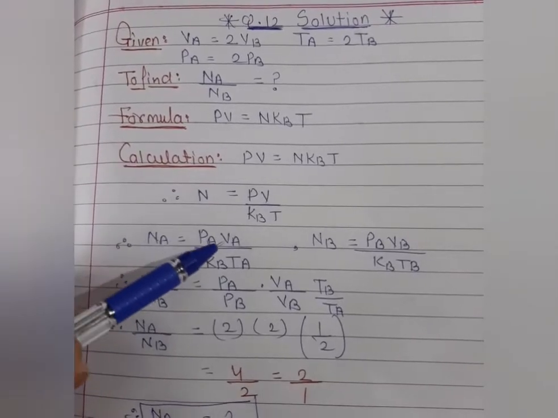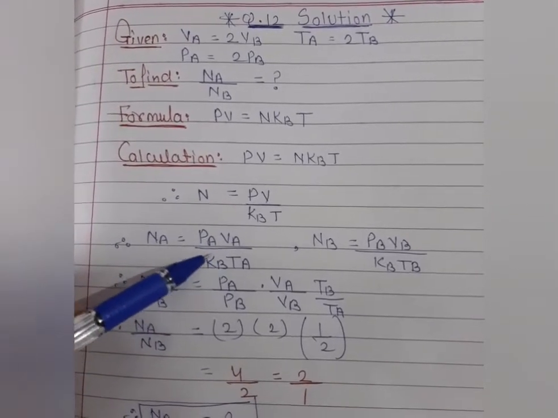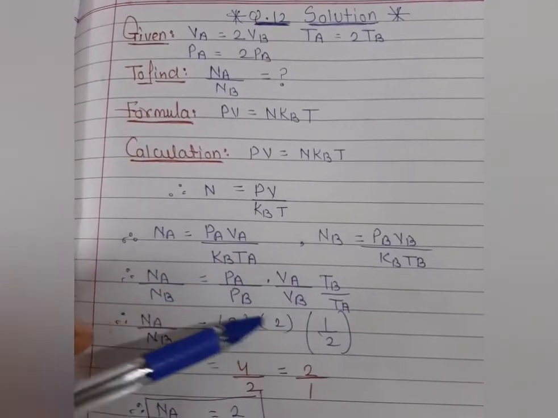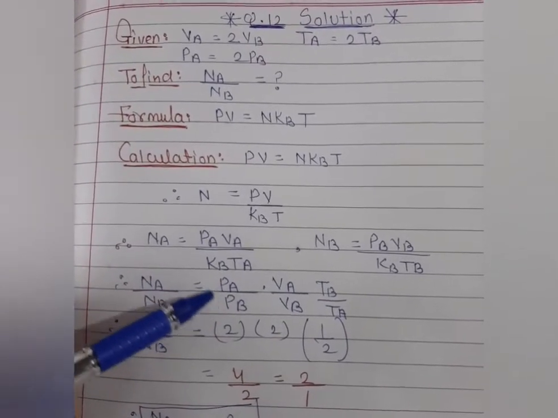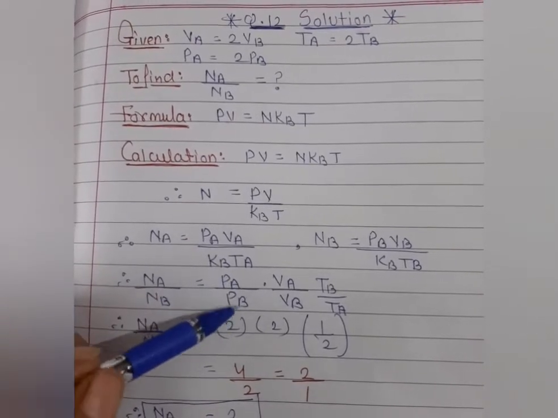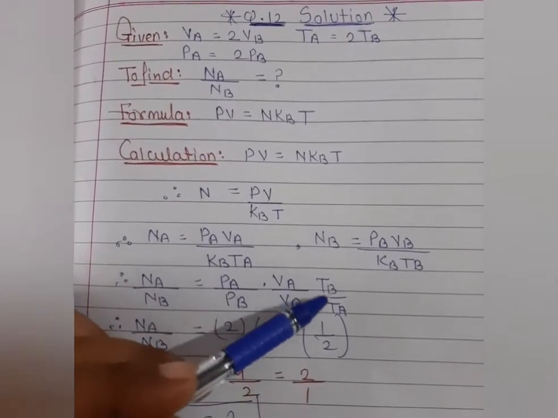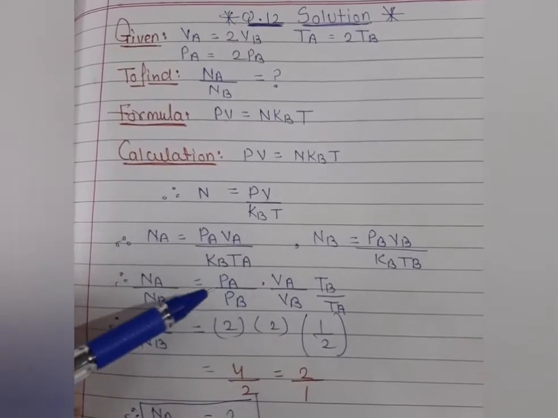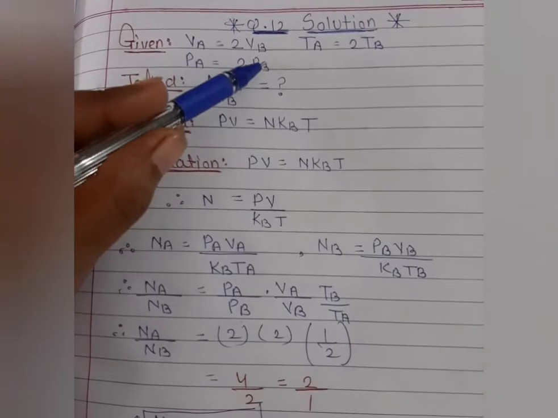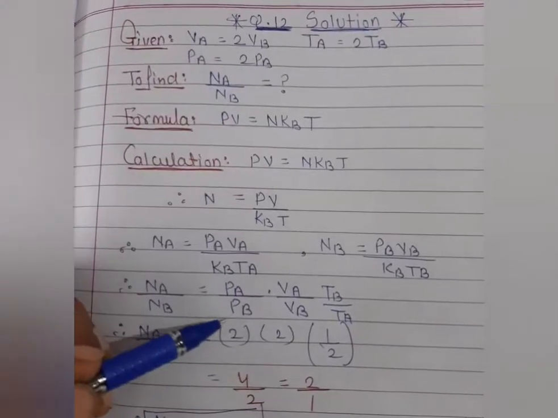You know it very well, students, KB is constant in both, so it cancels out, and the other terms are not constant because all are twice for the first gas. So here we take Pa upon Pb, Va upon Vb, and Tb upon Ta. From here, Pa upon Pb is 2.